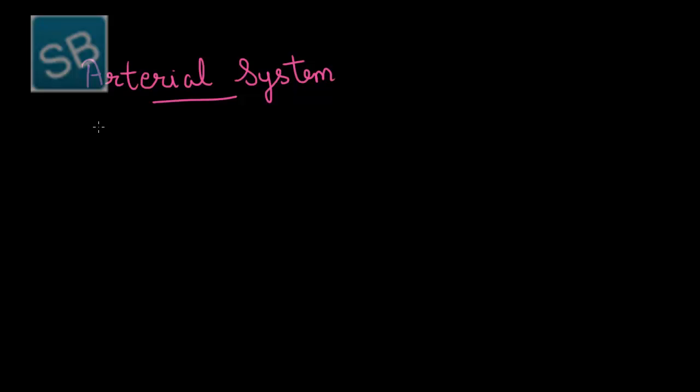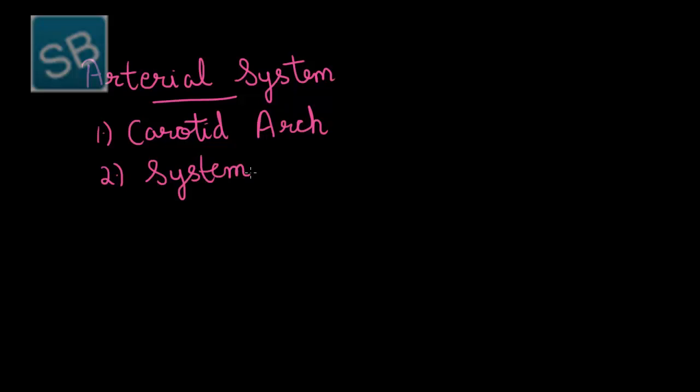Now, aortic arc are basically of three types: carotid arc, systemic arc, and pulmocutaneous arc.